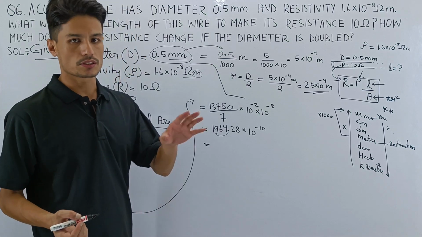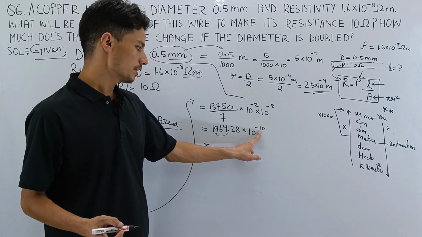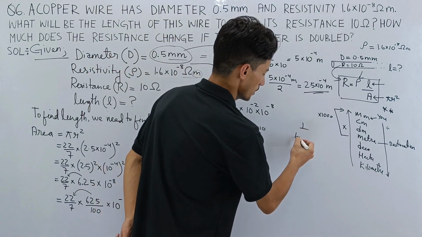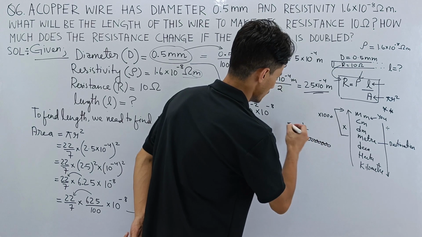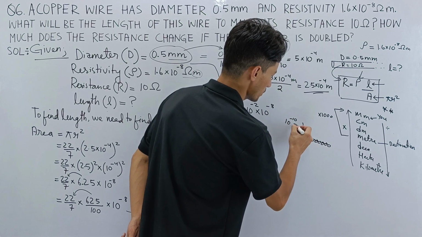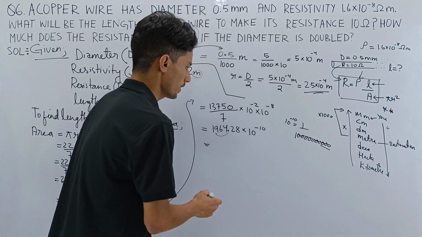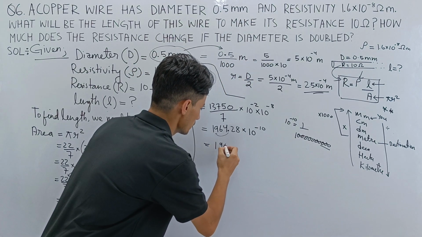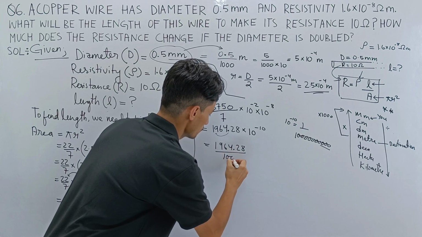So I'll have to divide by 1000. So from where will I bring that 1000? I'll take it from here. There are 10 zeros in the denominator. 10 to the power minus 10 means 1, 2, 3, 4, 5, 6, 7, 8, 9, 10. So what I'll do, I'll take 3 zeros. So 1, 2, 3.